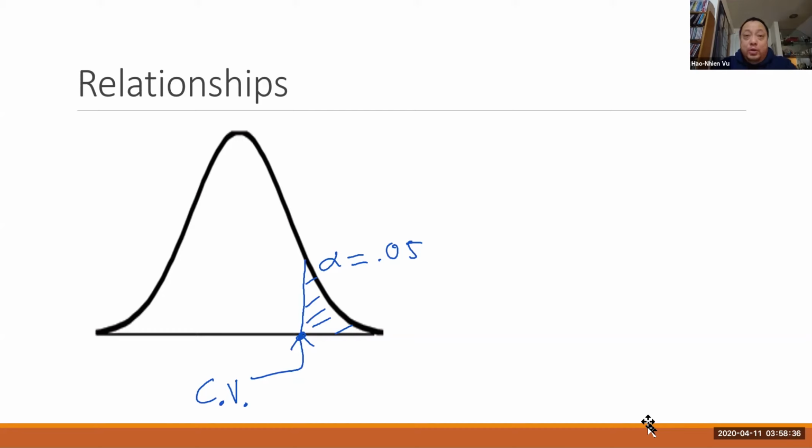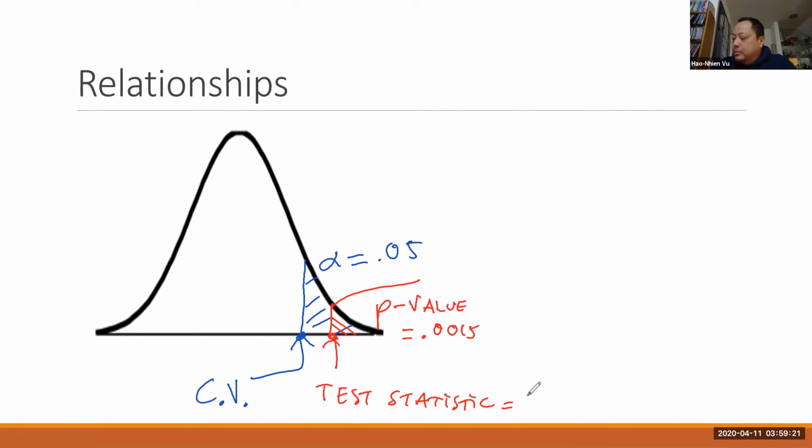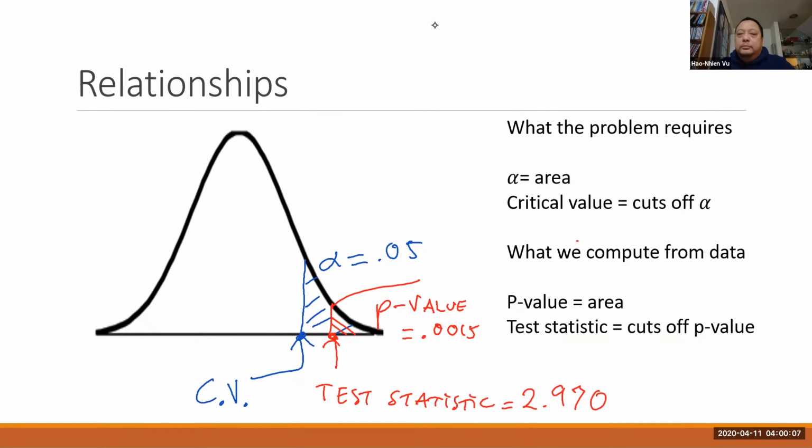As a matter of fact, we know that because the p-value is the probability of getting sample data at least as good as the data we got, assuming H0 is true. So p-value is also some sort of area, and the cutoff for it is the test statistic, 2.970. All right, so these are the relationships.